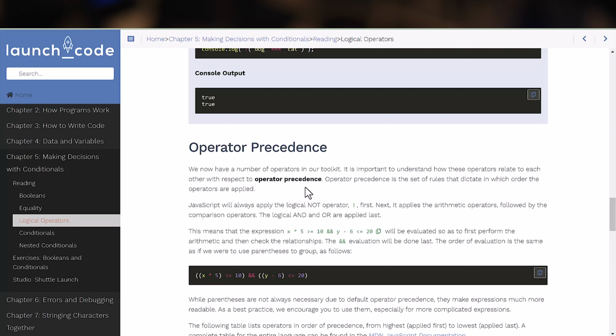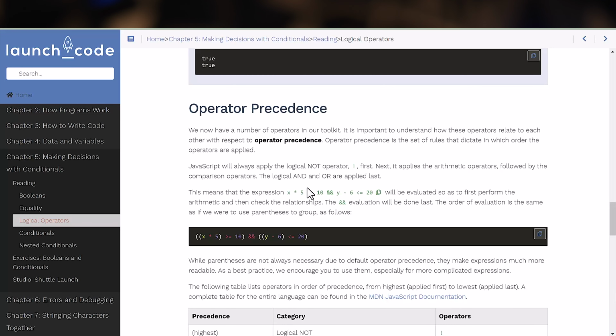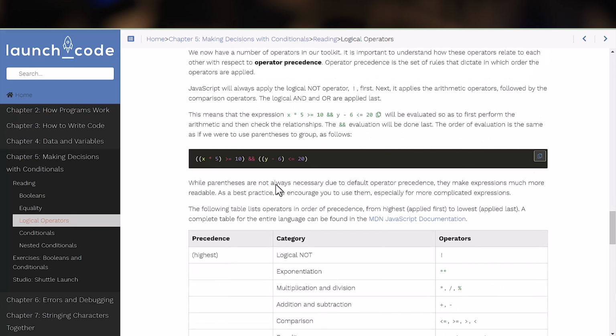Now, operator precedence. We now have a number of operators in our toolkit. It is important to understand how these operators relate to each other with respect to operator precedence. Operator precedence is the set of rules that dictate in which order the operators are applied.